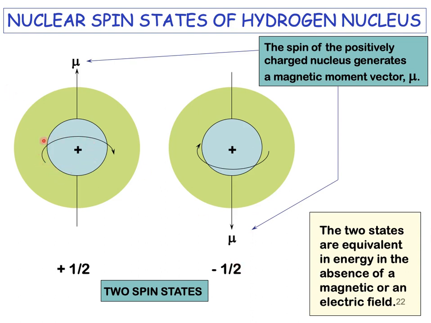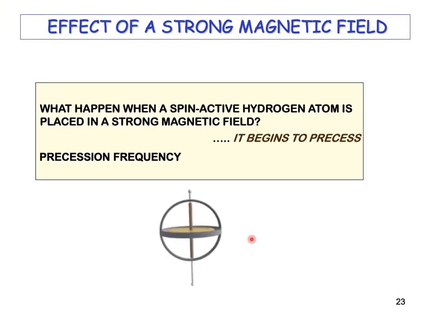One is oriented toward the magnetic field, that's why it is plus half; some nuclei orient opposite to the magnetic field, that's why it is minus half. A spinning positively charged nucleus generates a magnetic moment vector, which tells us the direction of the nuclei's movement relative to the magnetic field. This is possible when the nuclei are placed under a strong magnetic field.